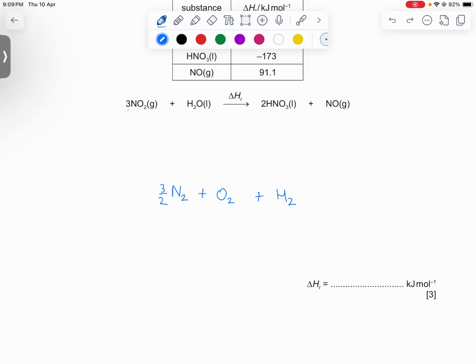On the other side, 2 3s are 6 and 1 is 7 as well. So 7 upon 2 O2. And how many hydrogens are there? Only 2 on both sides. So H2. Now we know that we can produce nitrogen dioxide and water, and we can also produce nitric acid and nitrogen monoxide.